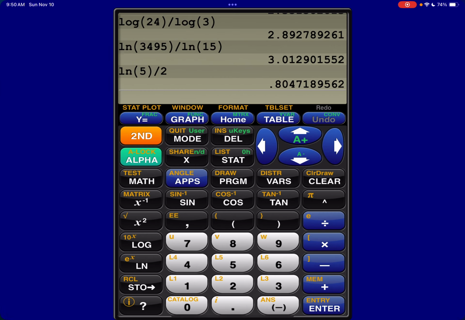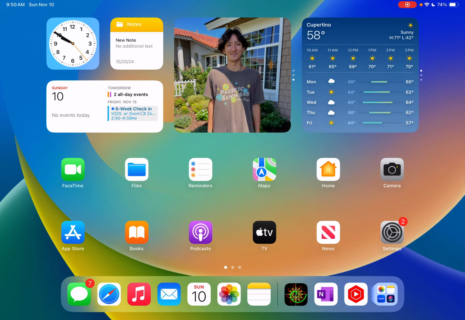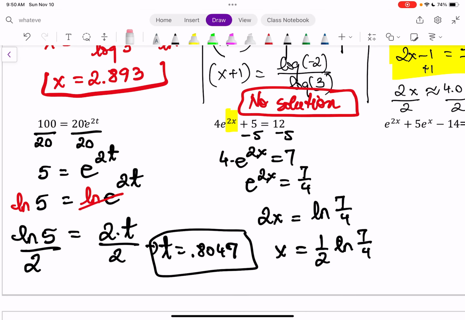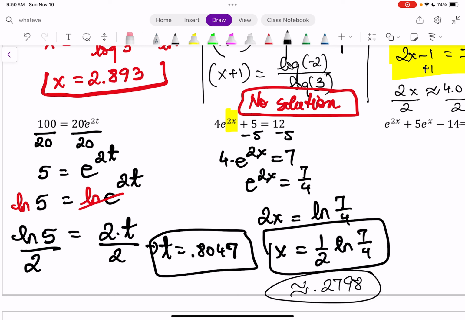So what is 1/2, or in other words, 0.5 times natural log of 7 over 4. It already opened the parentheses nicely for me, so I didn't have to open another one. So the answer is 0.2798, which is an approximation because we did cut off a bunch of decimals.